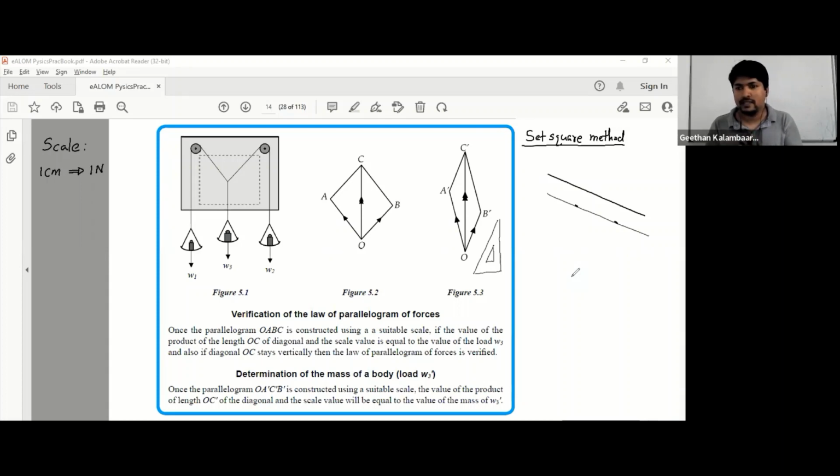So use a set square, keep it at two or more different places, and trace the positions so that you can trace the strings. This is the set square method, and the next method is the mirror method.